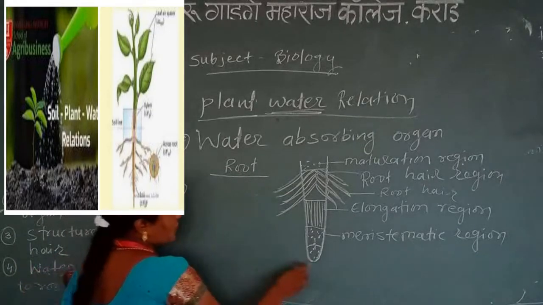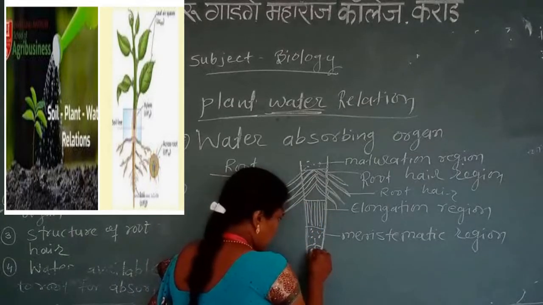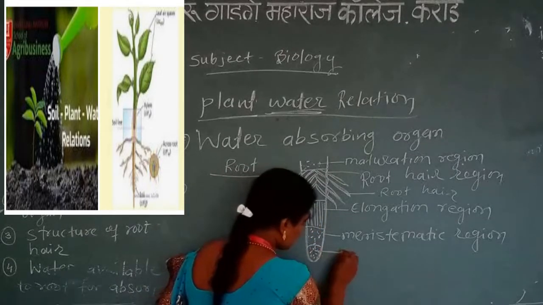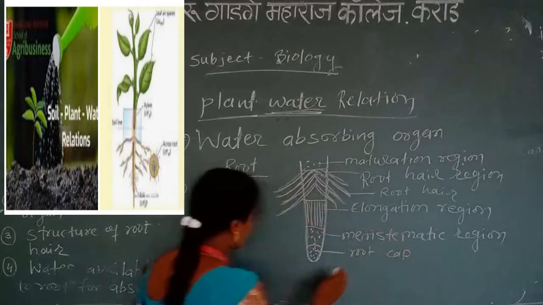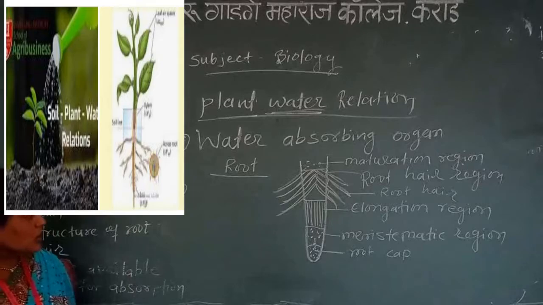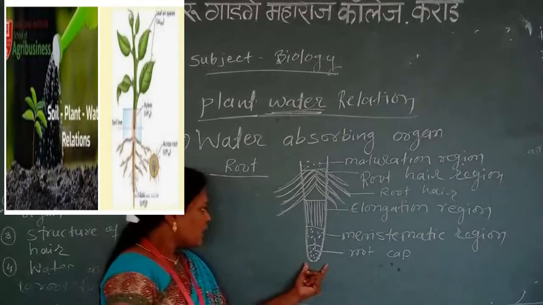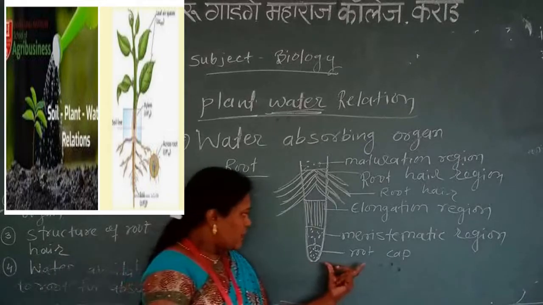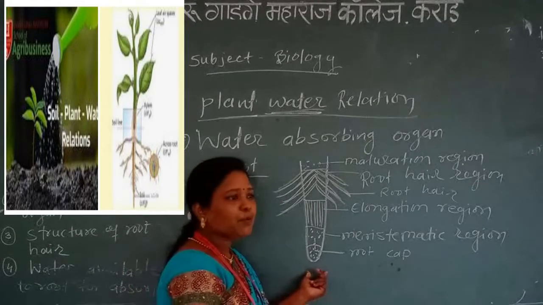So the first one is meristematic region. Under this meristematic region, here is a small portion of root cap. Root cap is present at the tip of root.